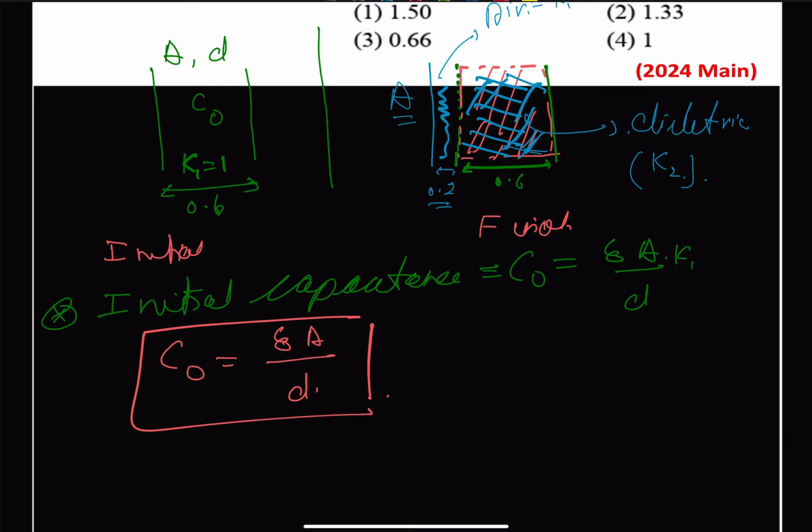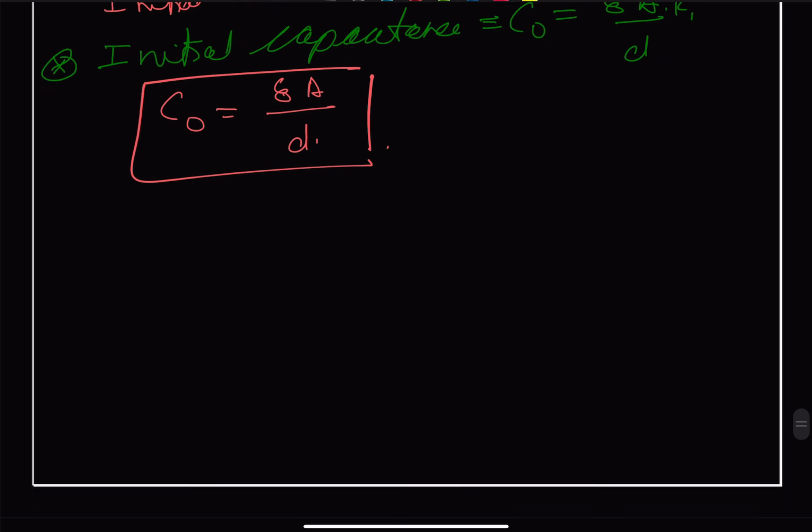One is air, and another one is the dielectric, which is having a dielectric constant of K2. So we can say that the final capacitance will be consisting of the air gap plus the dielectric.